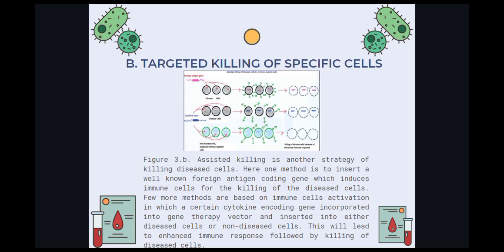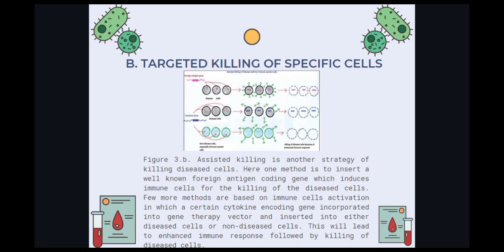In this figure, in assisted killing strategies, one approach involves inserting a gene that codes for a recognized foreign antigen into the disease cells. This prompts the immune cells to recognize these cells as threats and triggers them to eliminate the disease cells. Additionally, there are methods that activate immune cells by incorporating a gene encoding specific cytokines into a gene therapy vector.